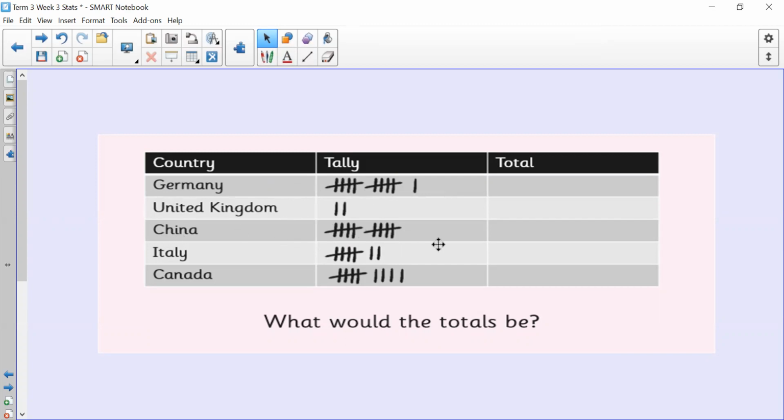China, how many people were flying in from there? Italy and Canada. You can either say these out loud or scribble down what the totals would be, so you're counting the tally. Pause it now and let's see how you do. Okay, let's have a look.